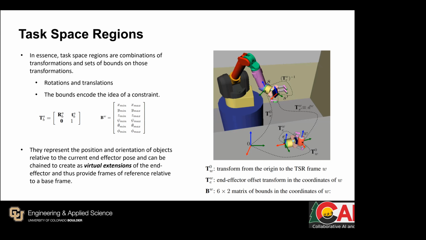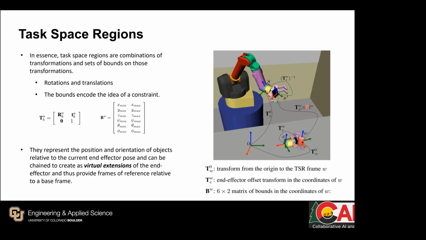But the most important point here is what this transformation represents. It is essentially saying that we have some task-based region, orientation, and position with some given bounds of allowable error, or wiggle, so to speak. This transformation defines how far the current end effector, for a sample point, is from the idealized end effector orientation.